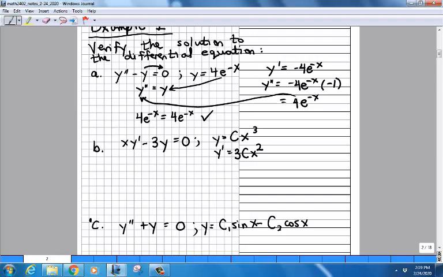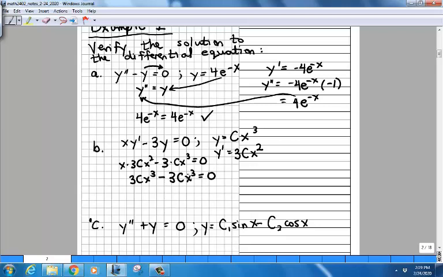All right, now let's plug that into the differential equation and see what happens. So I have x times 3c x squared minus 3 times y, but y is c x cubed. And this is supposed to be 0. So this is 3cx cubed, that first term, and the second term also looks like 3cx cubed.